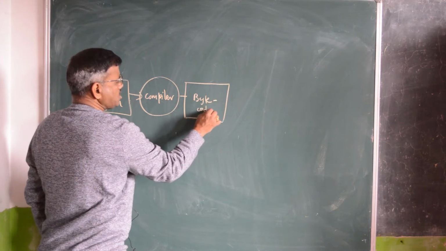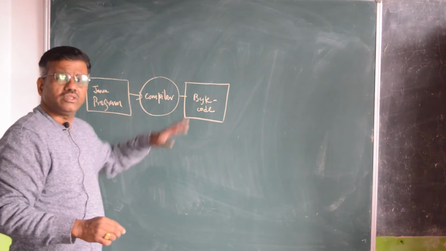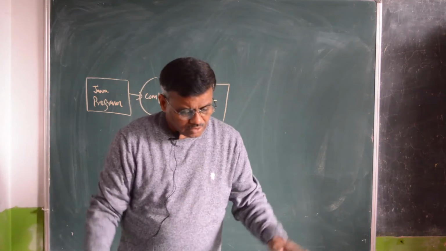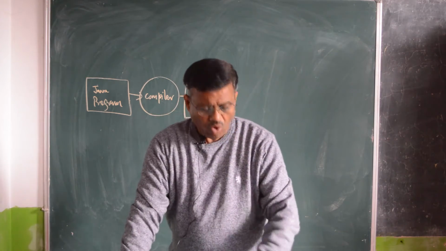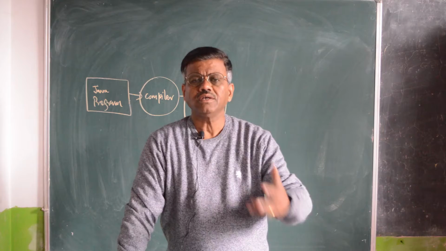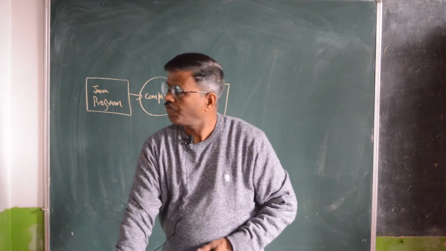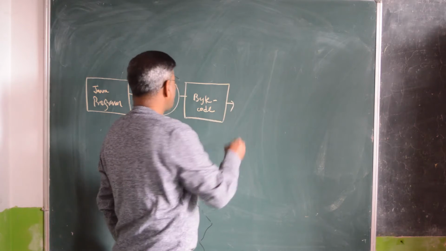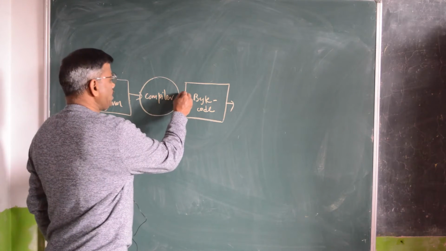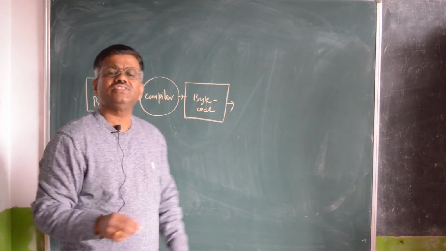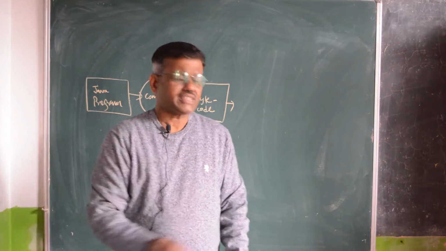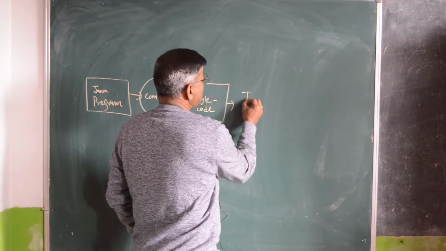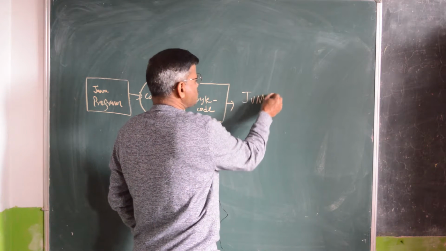I repeat again, bytecode. This is common to all, no matter which operating system you use. From here, we use an interpreter. As I told you before, we use the compiler, then we call the JVM, which stands for Java Virtual Machine.